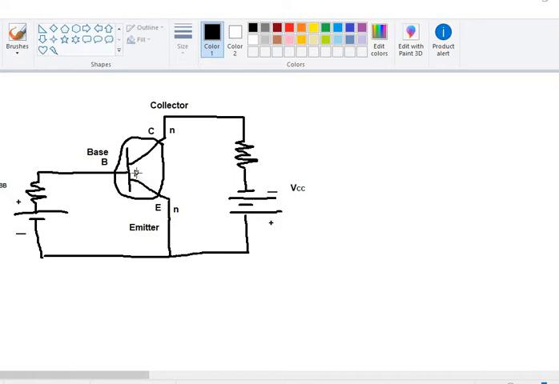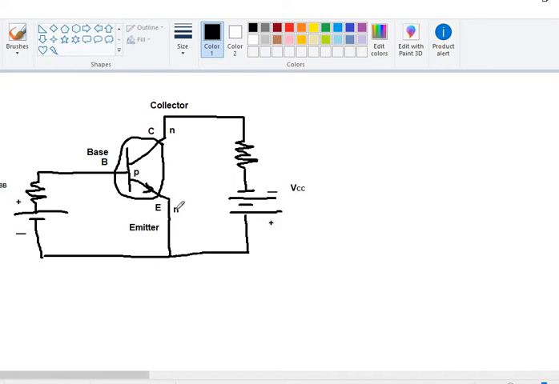So here in this case, if the direction is in this way, it means it is an NPN transistor, because the direction indicates from positive to negative, means from P to N type of semiconductor.